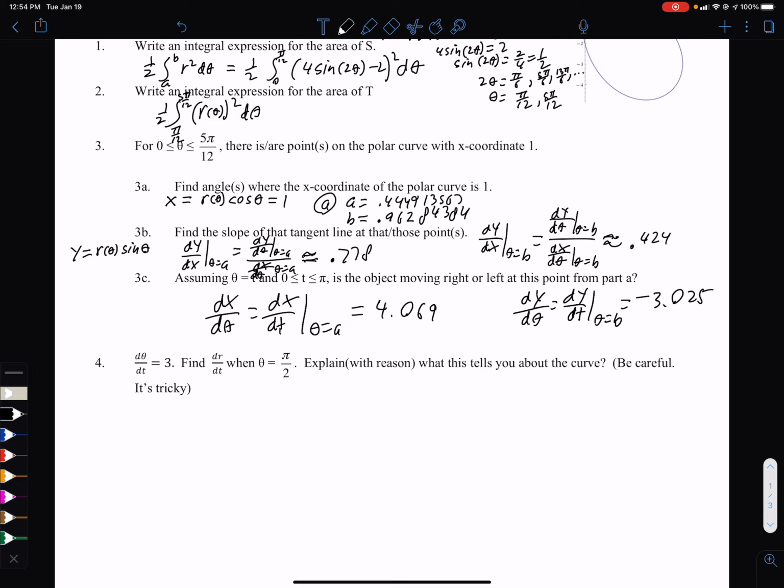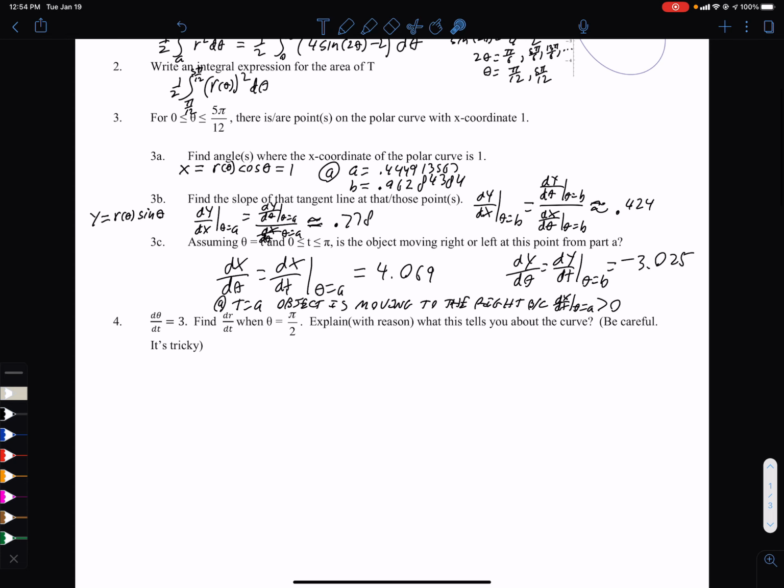So at time A, it's moving right. The object is moving to the right. And you have to give a justification and why. Because dx/dt at theta equals a is positive. Now I'm not going to write this next one out, but it's moving to the left at this point because the dy/dt is negative.